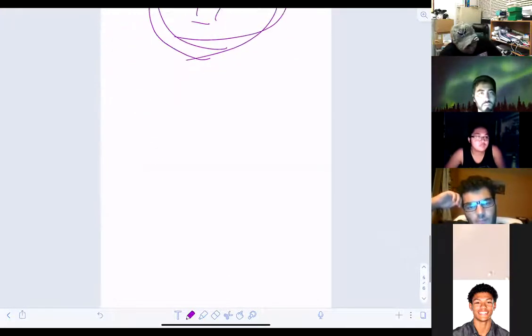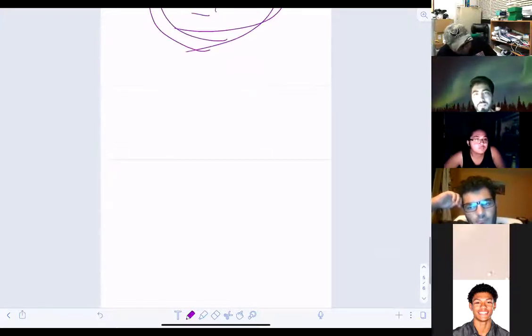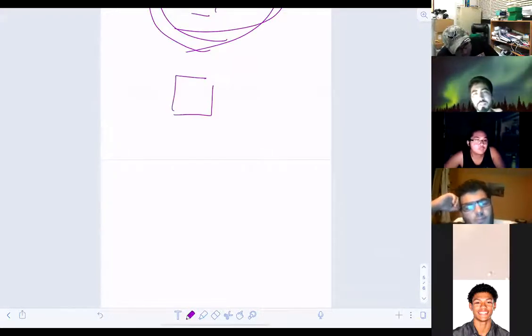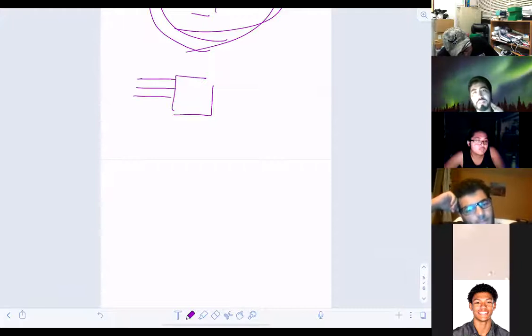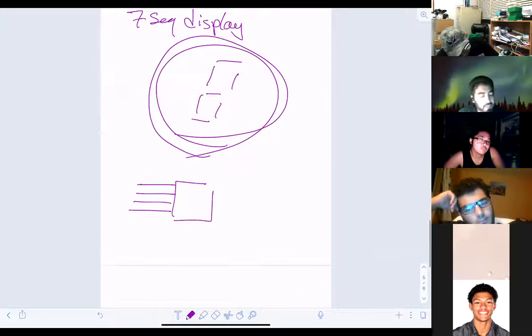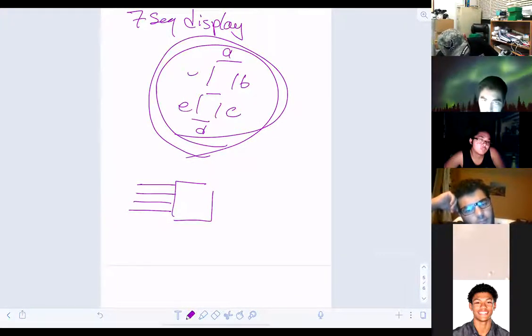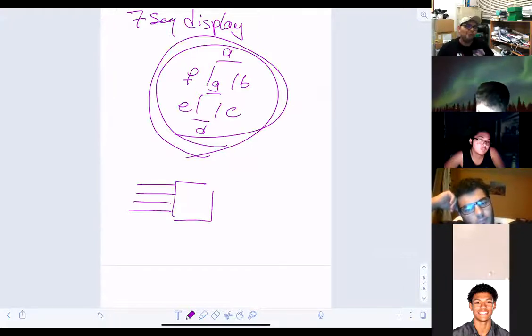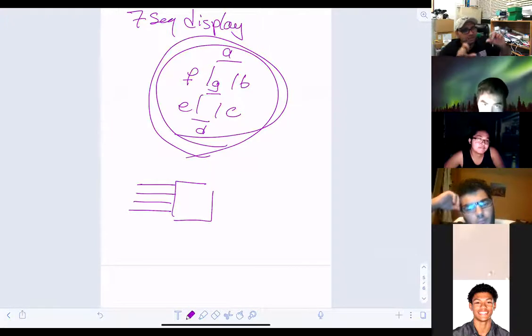So that means if I want to build the decoder, I expect it will be like this: 4 inputs, and how many outputs? I will show you: A, B, C, D, E, F, G. Every single LED is a segment.